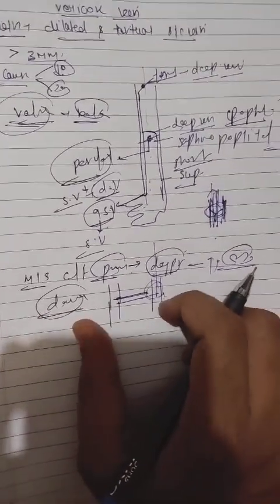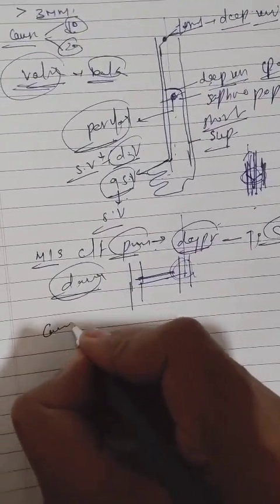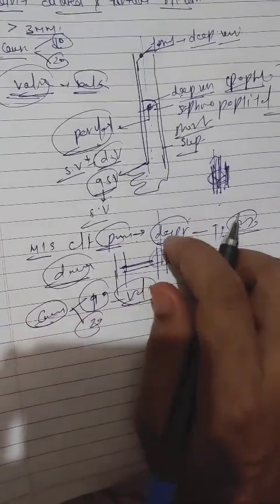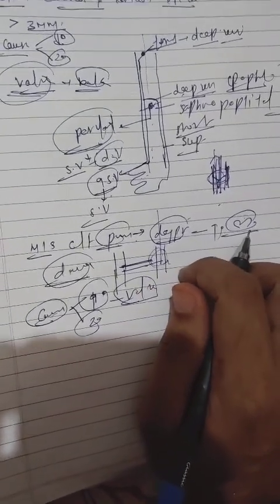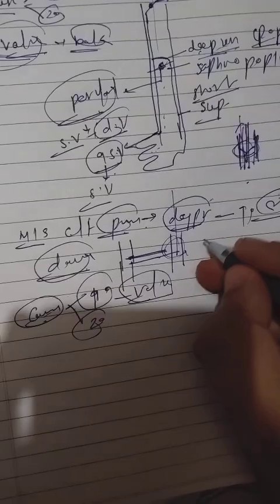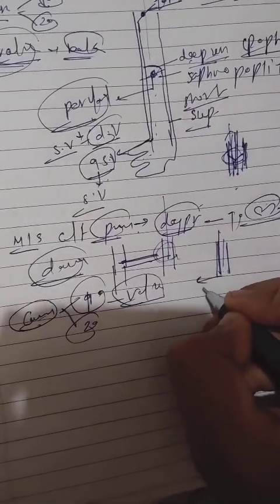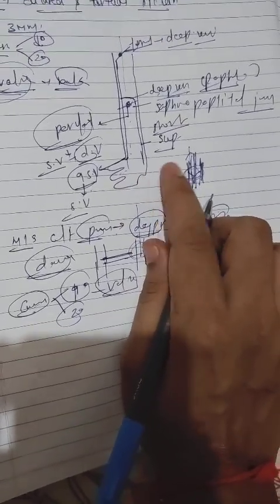So basically, what happens in varicose vein? Initially I told you there are two causes: the first is a primary cause, the second is a secondary cause. When the wall is incompetent in the saphenofemoral junction, the popliteal junction, the superficial vein or the deep vein, then when the calf muscle contracts, blood goes towards the heart, but due to incompetency of the wall, blood flows back and accumulates in the superficial veins like the great saphenous vein and short saphenous vein.